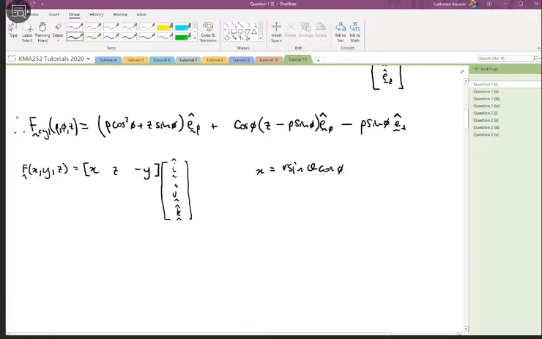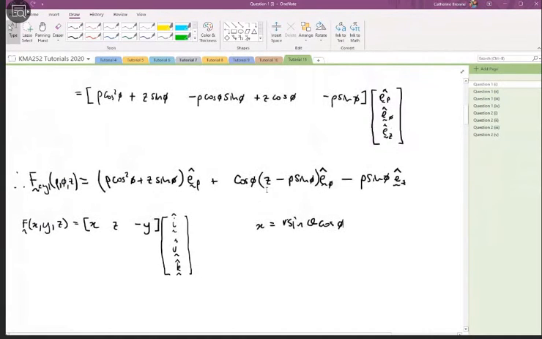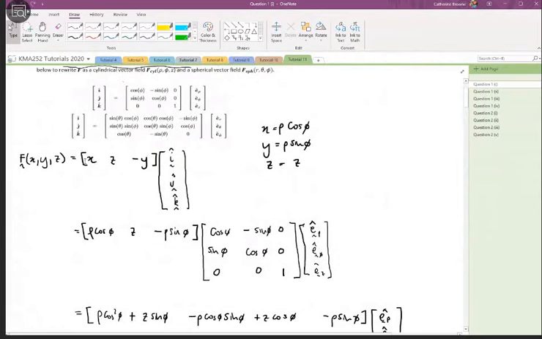Catherine, yes. I multiplied the unit directions by the rotation matrix first, or whatever it's called. I don't know if it's a rotation matrix or whatever, and then multiplied it by the xyz matrix, if that makes sense. Is that okay? If you're going to get the same answers, yes, that's okay. Do you mean you multiplied x, z, minus y by this matrix here?